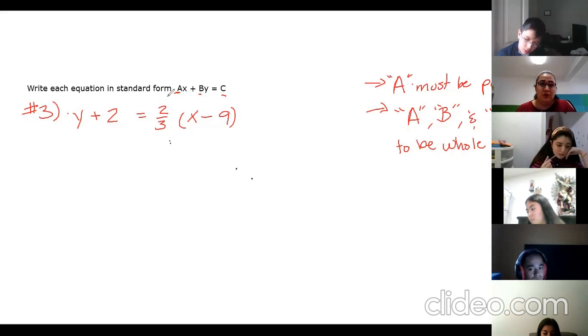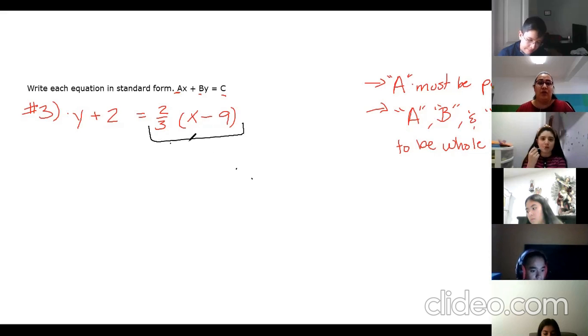We could, but first we have to remember that the 2/3 is going to be multiplied times x minus 9. How do I get rid of this? Well, not rid, but how do I solve this section first? This is the section that I'm going to start with.